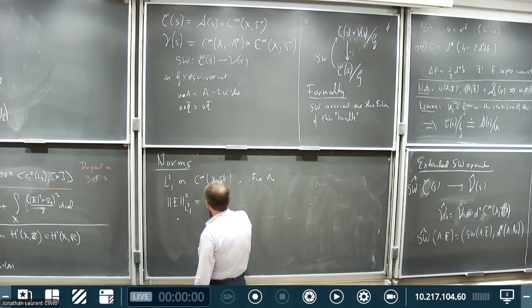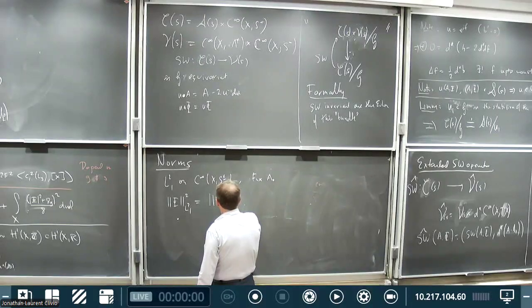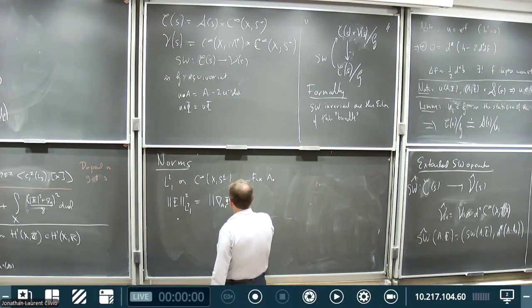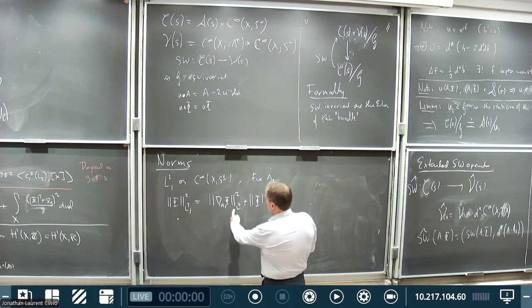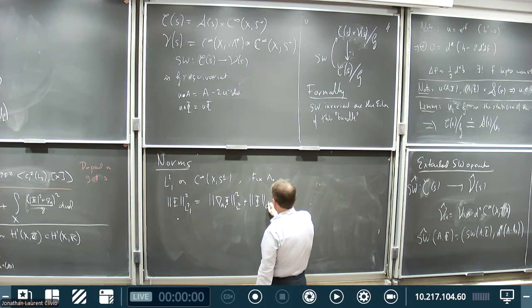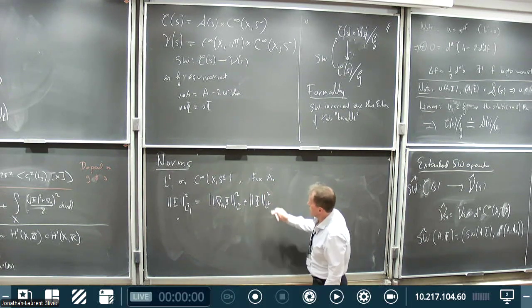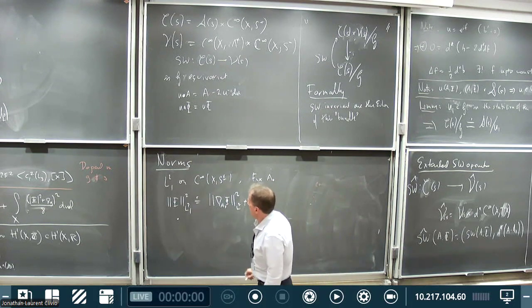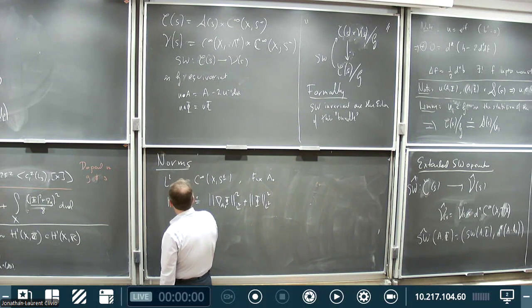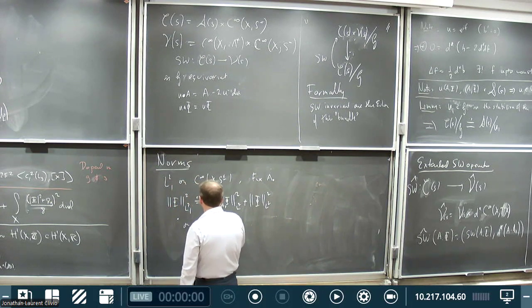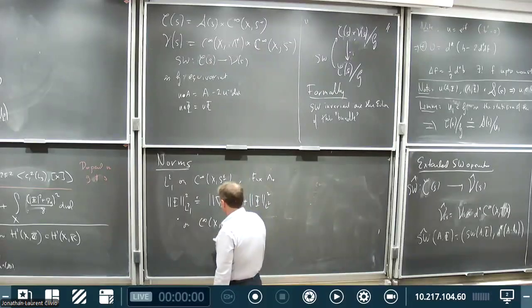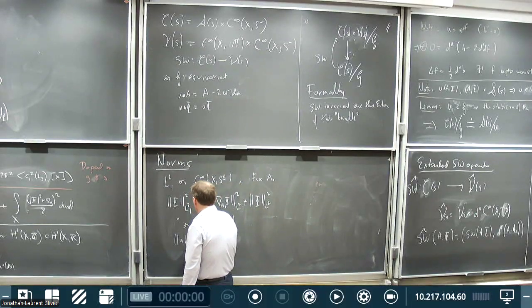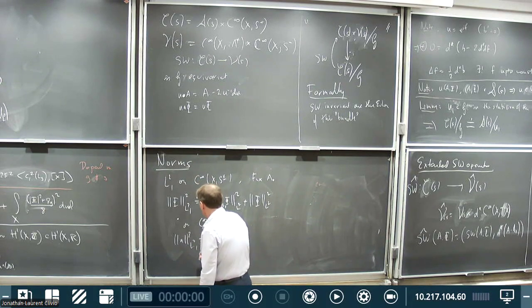Its square by definition is the L2 norm of the covariant derivative plus the L2 norm of phi itself.